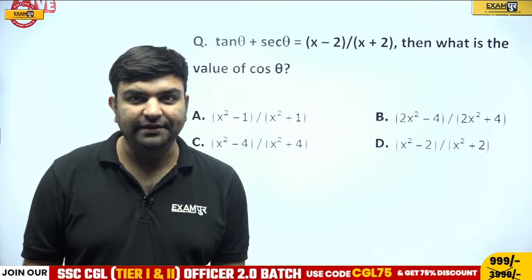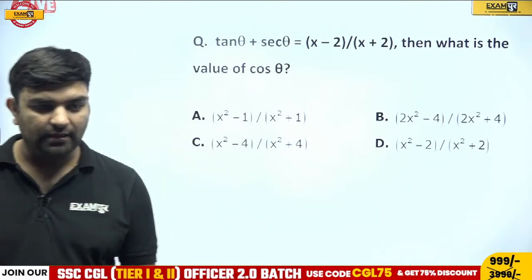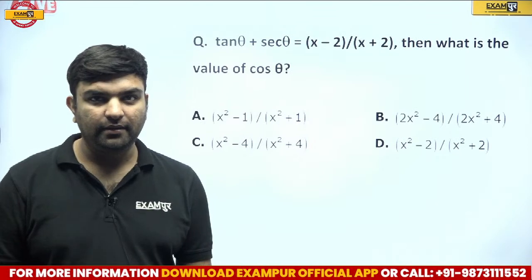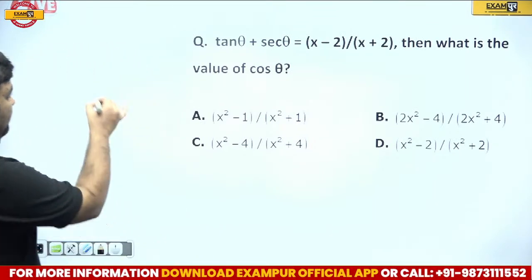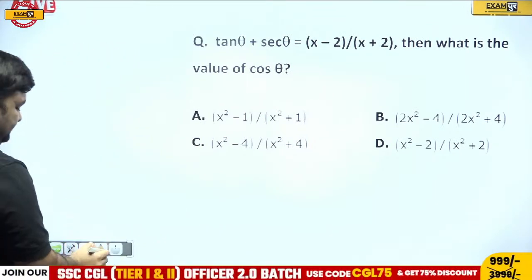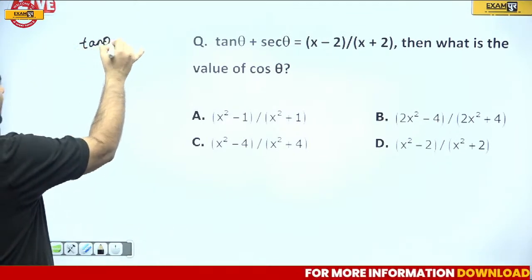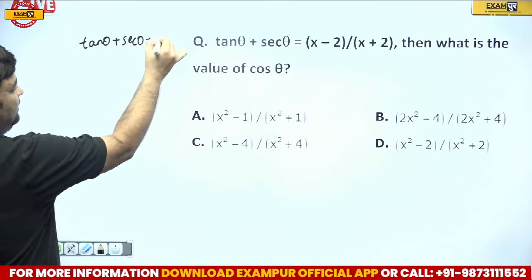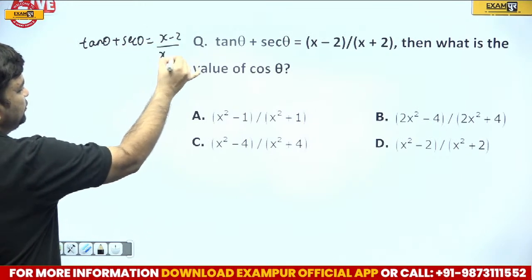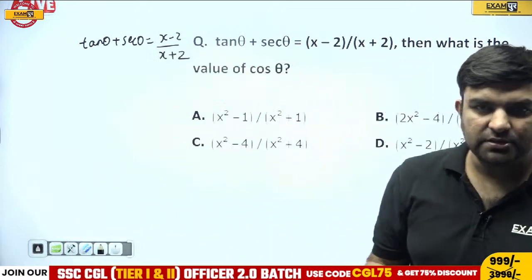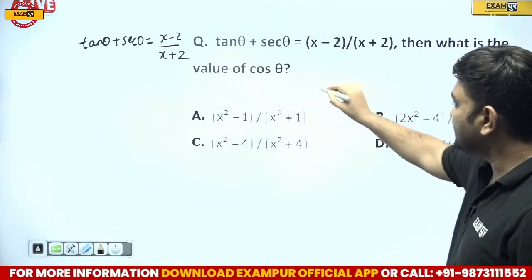Tan theta plus sec theta is given. What is the value of cos theta? Tan theta plus sec theta is x minus 2 upon x plus 2. They are asking cos theta.